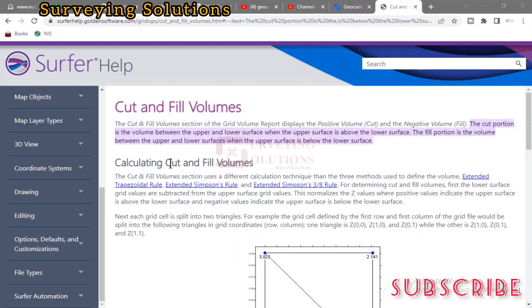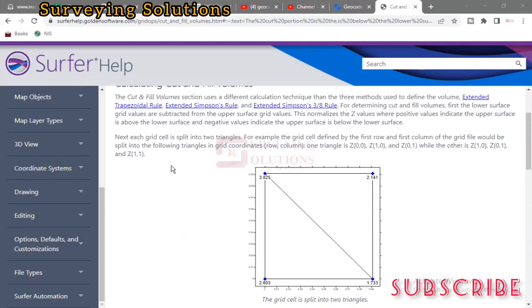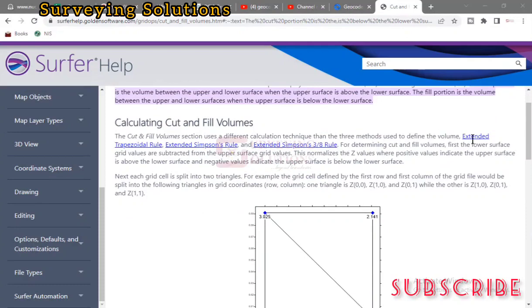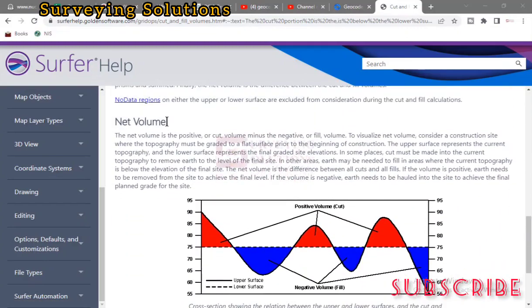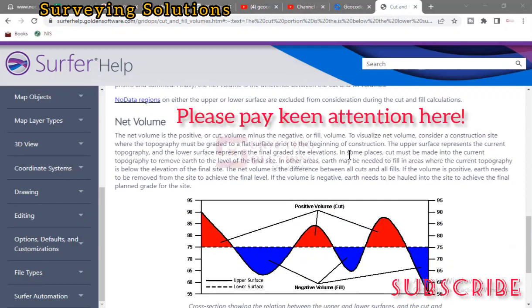These are the algorithms, the different formulae used in coming up with the values. Then the net volume is the difference after you have your cut and your fill.